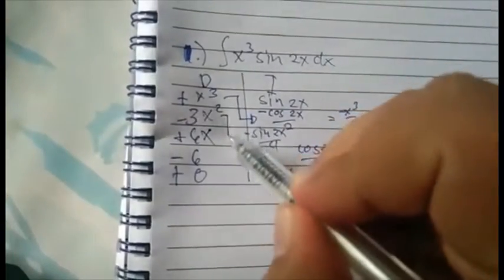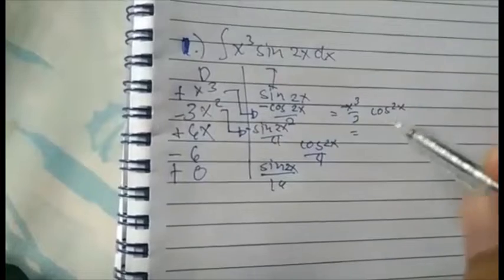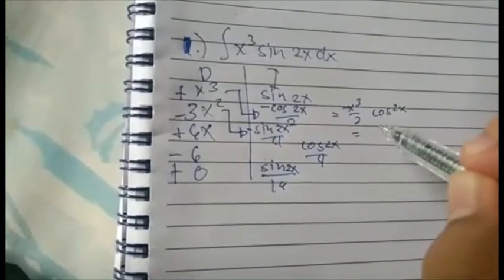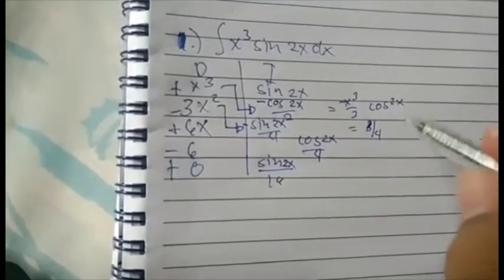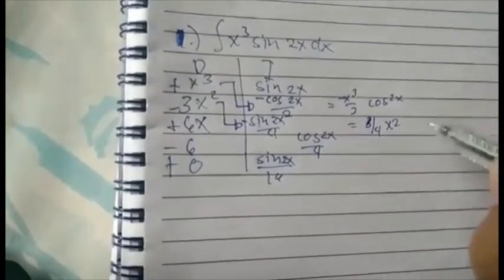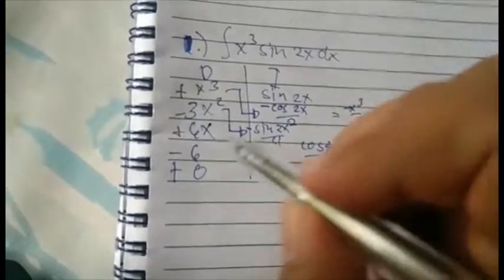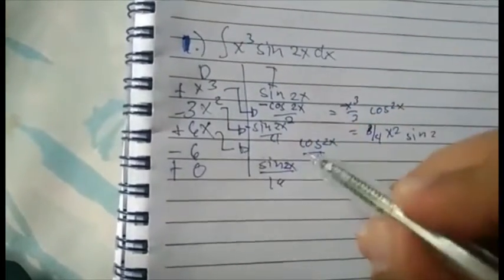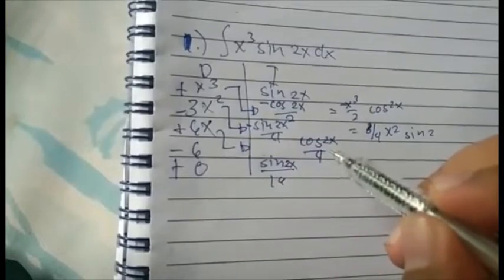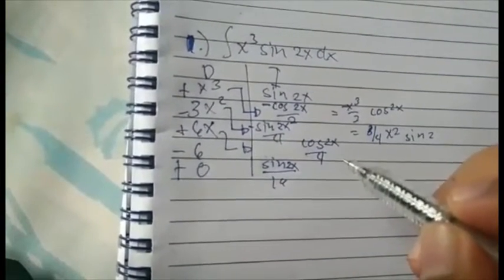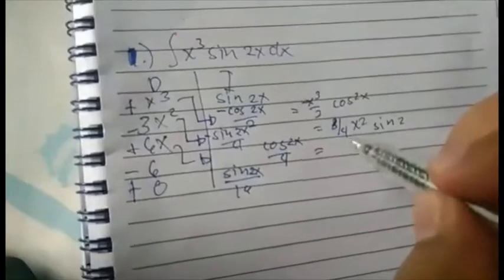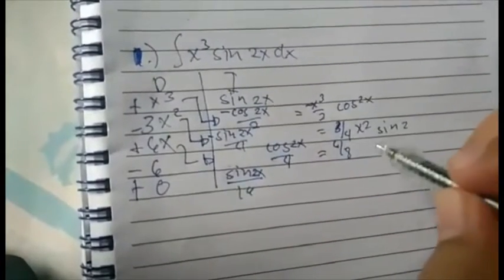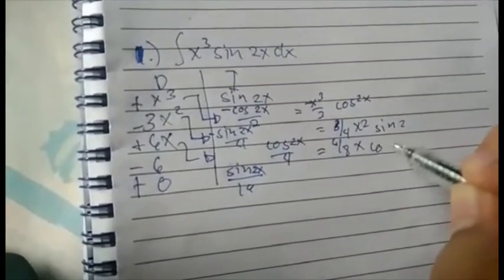Then another one we're going to solve here, and so this is 3/4 x squared sine 2x. Then we solve another here. This will be 6/8 x cos 2x.